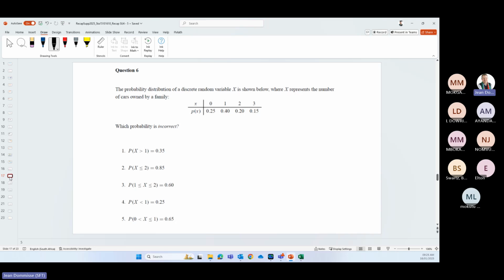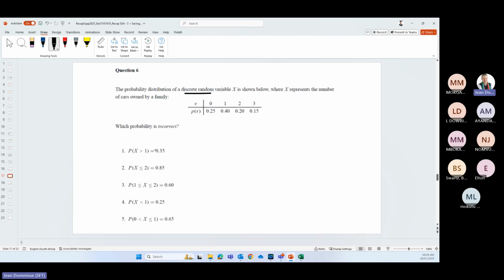Okay, so again, probability distribution, they tell us discrete, but also you can see 0, 1, 2, 3 with different probabilities across the line.